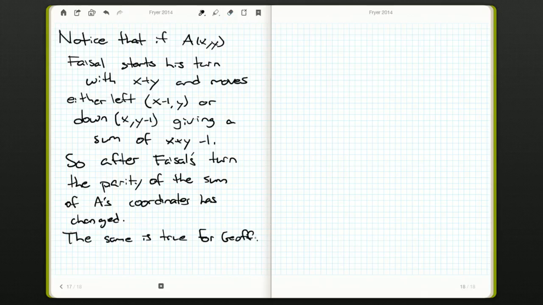So what we've done is we've taken an arbitrary set of coordinates for A, x and y, and we've shown that after their turn, no matter if they go left or down, the parity, so if x plus y was even, minus 1 it'll be odd. If it was odd, then minus 1 it'll be even. So the parity, the oddness or evenness of the sum of A's coordinates has changed. And this analysis was not unique to Faisal, so the same holds true for Jeff.